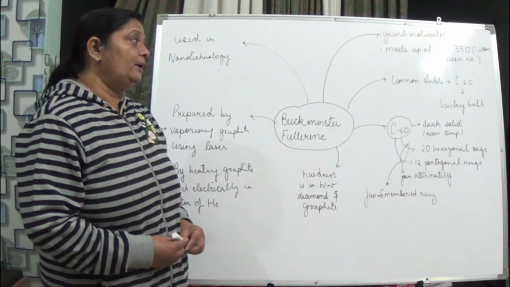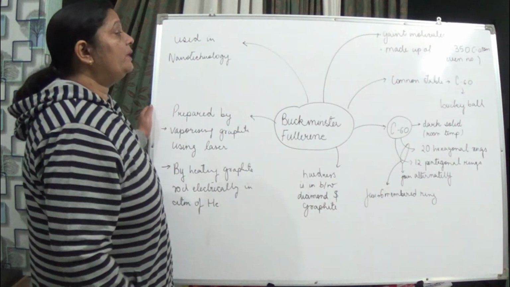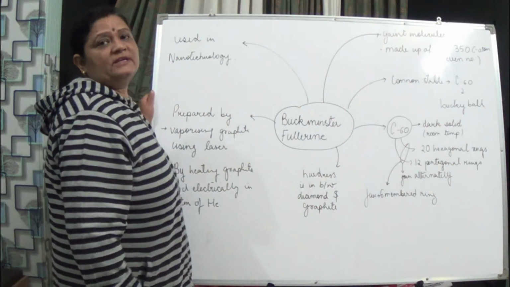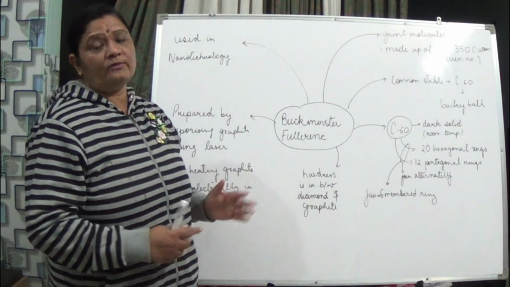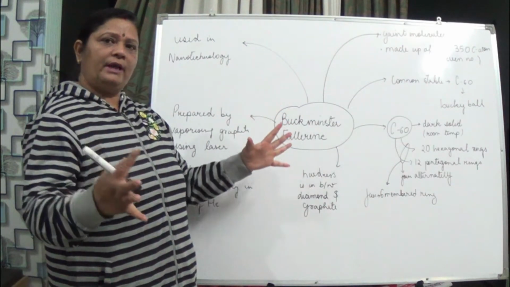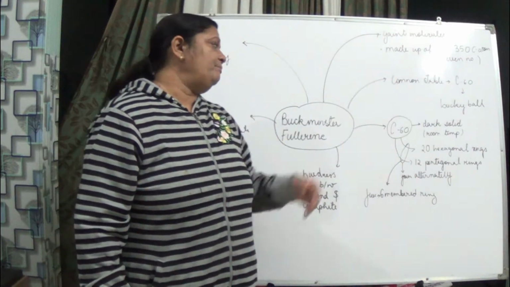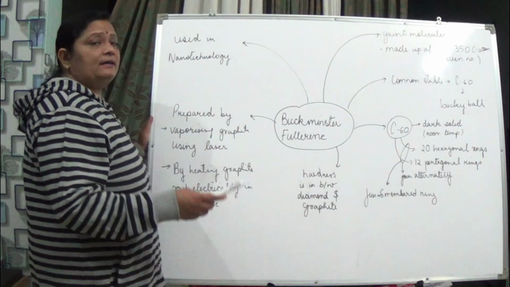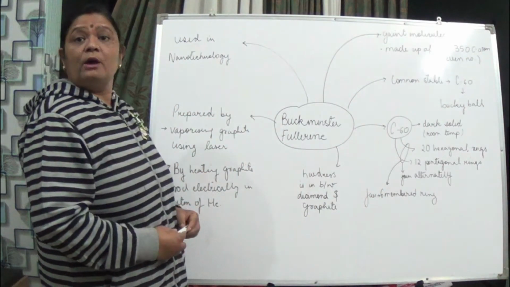When we talk about Buckminster Fullerene, the most stable form is C60, which means it is made up of 60 carbon atoms, and it is shaped like a ball. So it is known as Bucky ball.